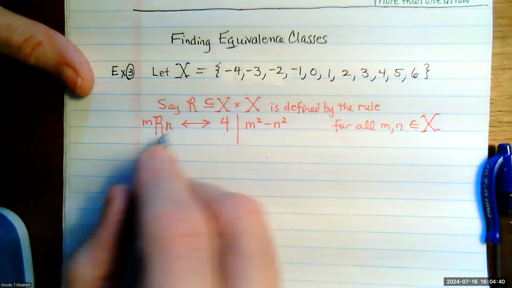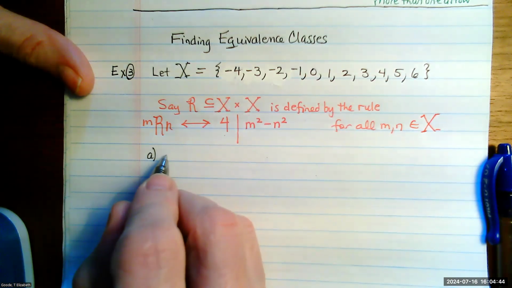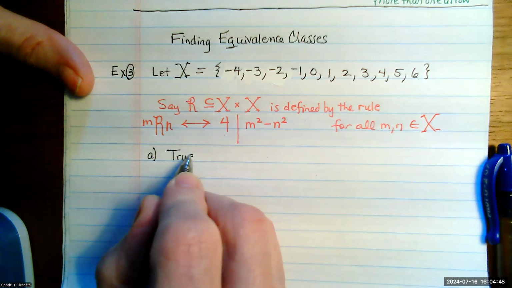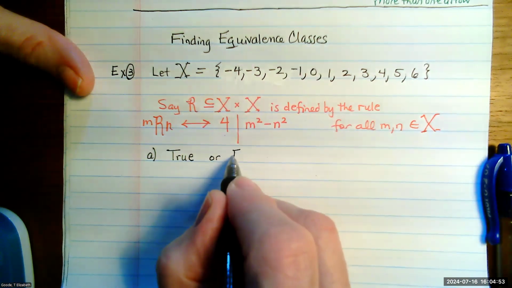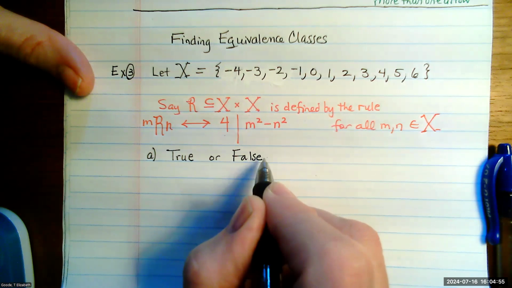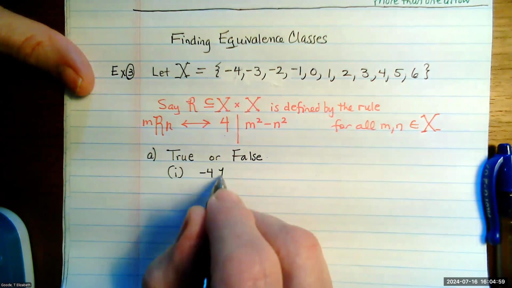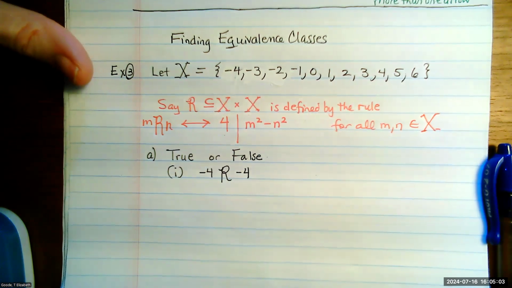Is -4 R to -2? You would start with an x and compare it to some other element. True or false? Let's see if we can sort this out. First, is -4 R to -4? Let's see if it's related to itself.